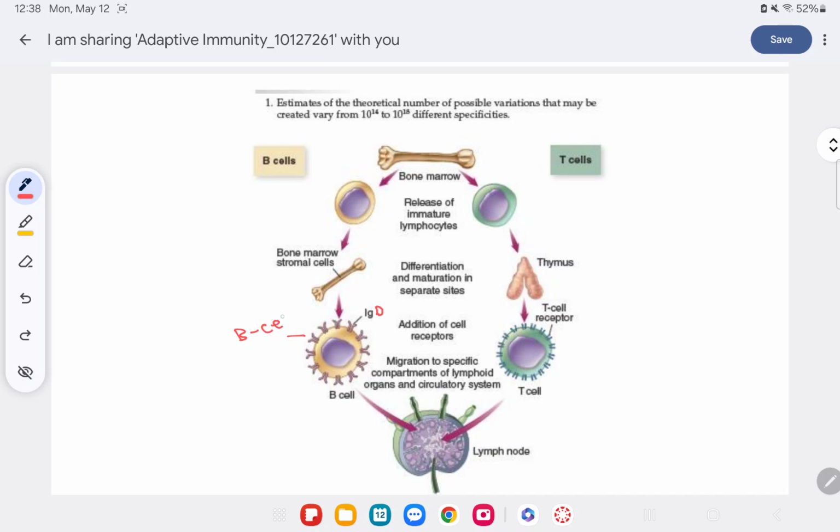They're not going to be alike. The same will happen for the T cell, that we will have multiple different types of T cell receptor on the surface. Once they mature and they pass, they're not responding to self, then they go and just live in the lymph or the spleen, and they're just sitting there waiting.